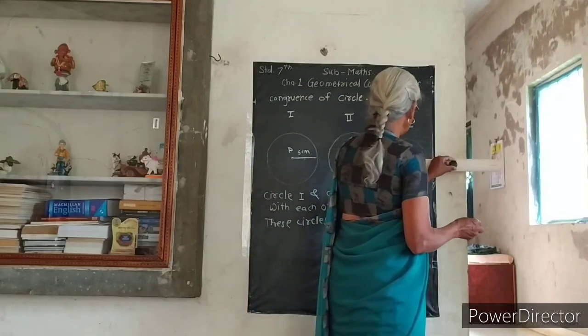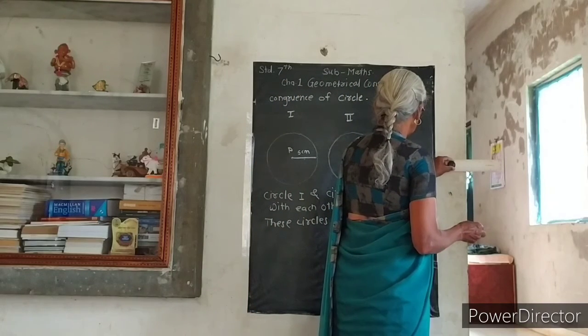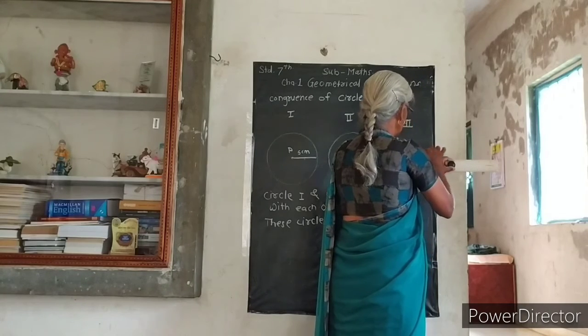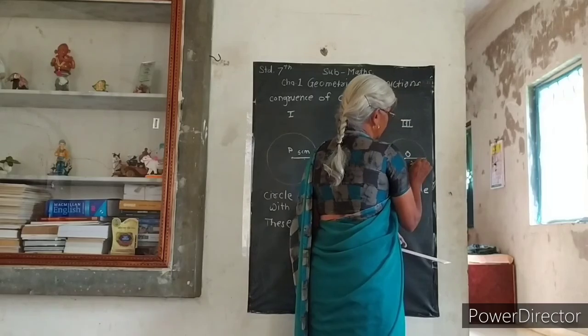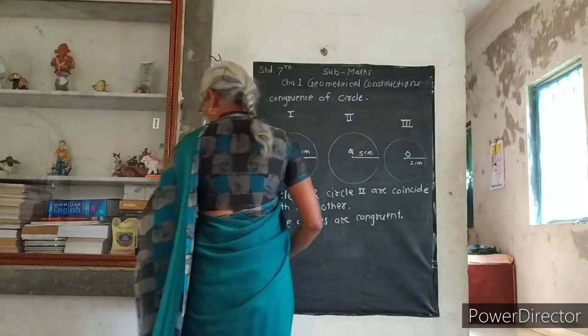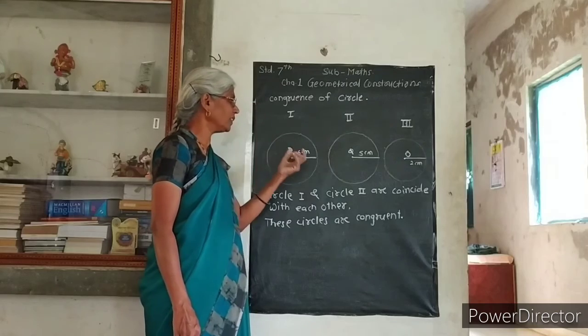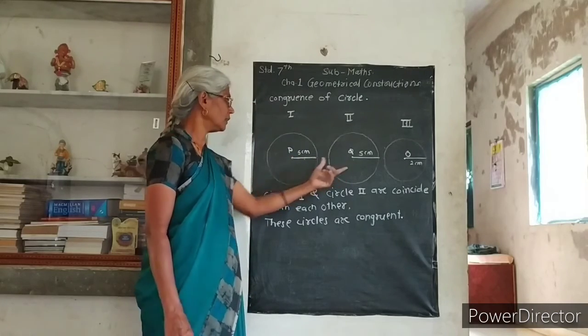And then measure the radius of the circle with center O, that is 2 centimeters. Means the congruency of circles depends on the radius of the circle.